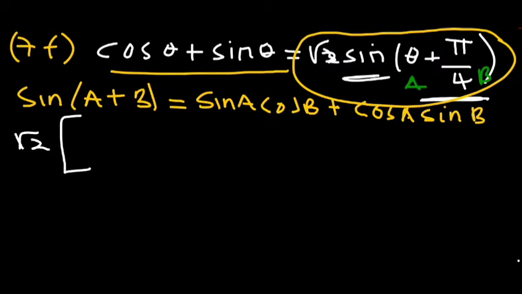Then sine A is the same as sine theta, multiplied by cos B. What is pi over 4? We know that pi is 180, divided by 4. 180 divided by 2 is 90, 90 divided by 2 is 45. So pi over 4 is the same as 45, so our B is 45 degrees. So cos B is the same as cos 45 degrees.